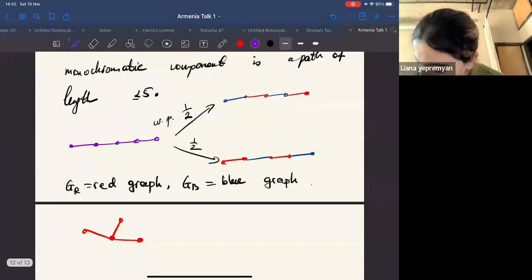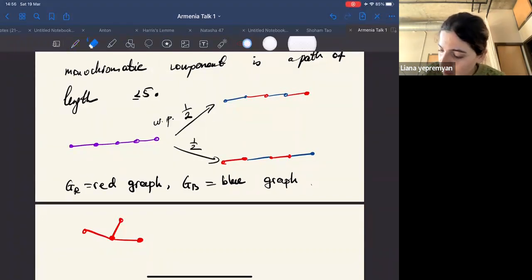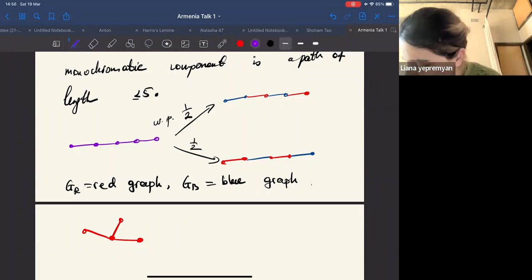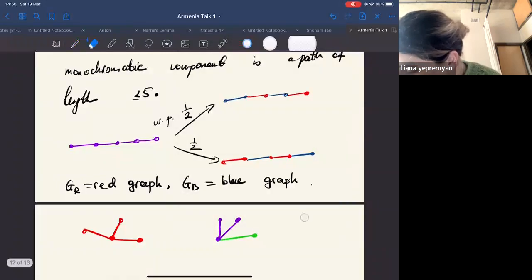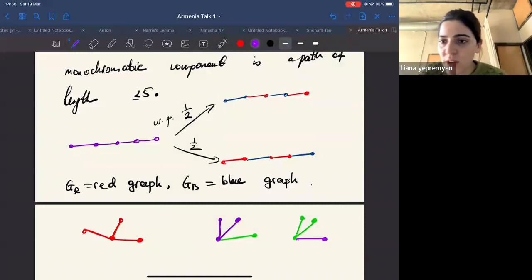If I'm looking at my original coloring, then I either had a purple path and then green, or I had green and then purple. These are the two pictures I can see after Thomason's coloring.